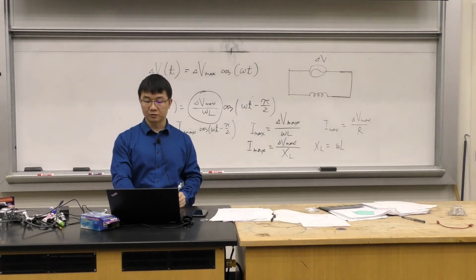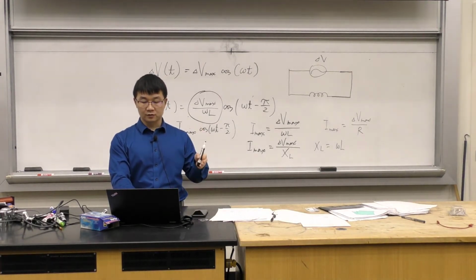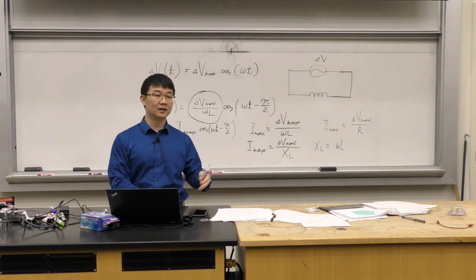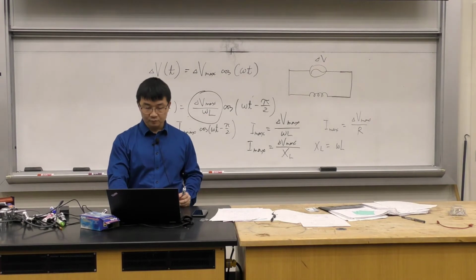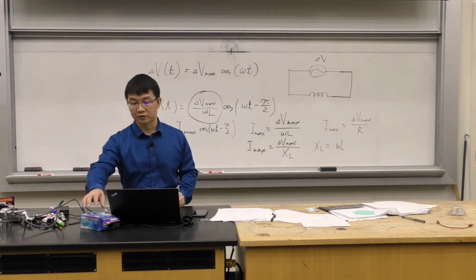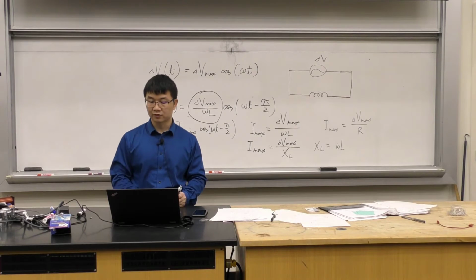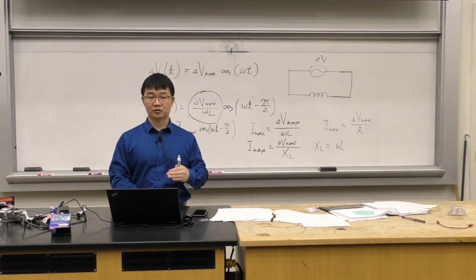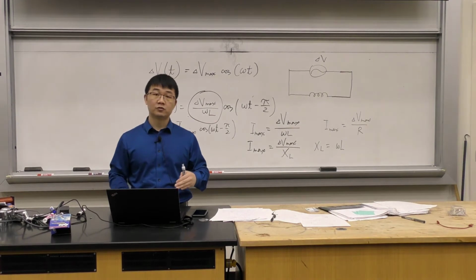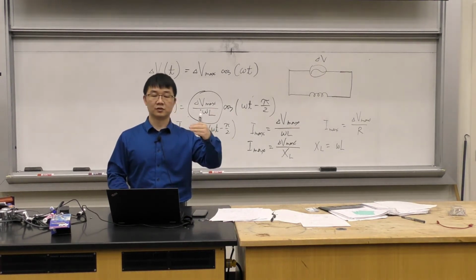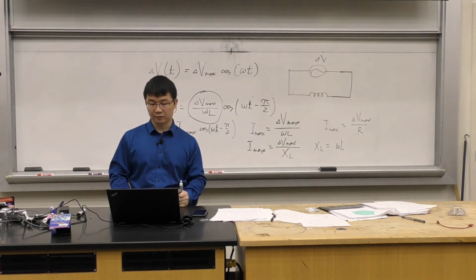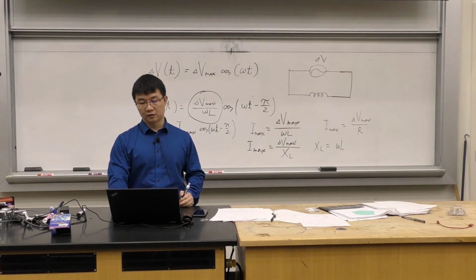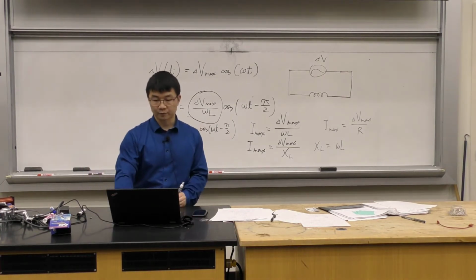That's what we mean by the inductor always makes the current behind the voltage by 90 degrees or 1/2 pi radians. So they're out of phase. That's why we say that when a resistor is connected to an AC source, the current and the voltage are still in phase, because they always reach the maximum at the same time, reach zero at the same time, and reach the peak on the other side at the same time, okay? So inductors are similar to a resistor, but there are a few differences.